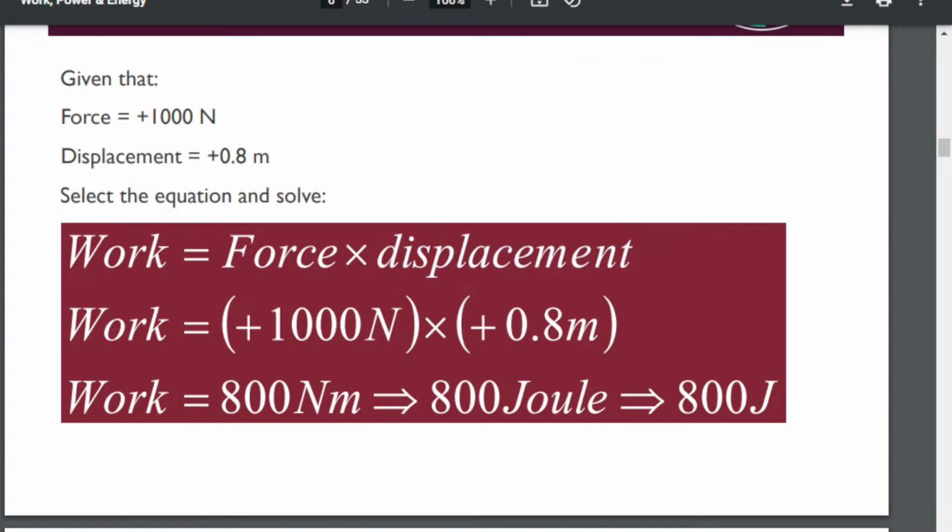Using this force and displacement, we can write work done equals 1000 Newton into 0.8 meter. Then when we calculate this, we get work done equal to 800 Newton meter. And 800 Newton meter we call 800 joule, which can be written as 800 J.